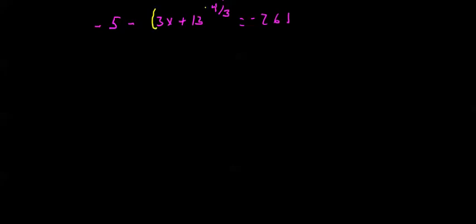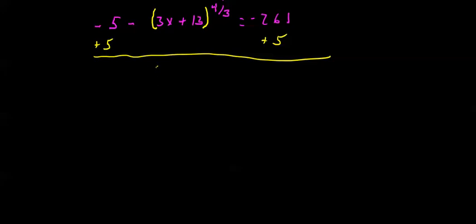So we're going to start by adding 5. And we're going to get the opposite of (3x plus 13) equals negative 256.